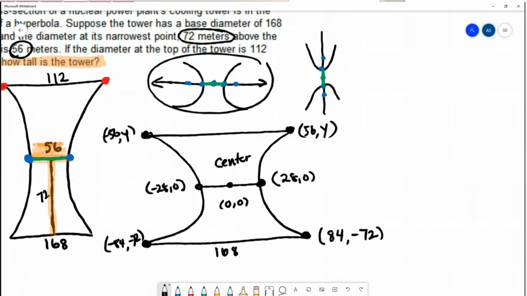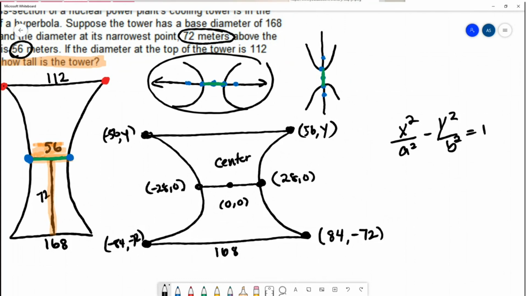Now, because I've chosen the center at (0, 0), I know that h and k are 0 and 0. So it's going to make my equation a little bit easier. The equation is going to be x squared over a squared minus y squared over b squared equals 1.